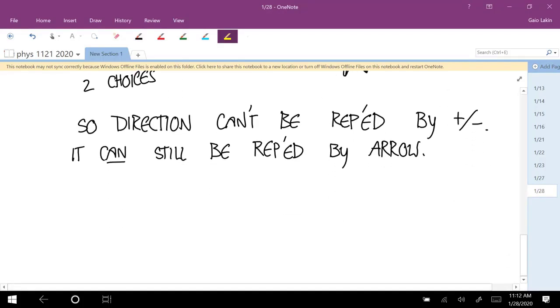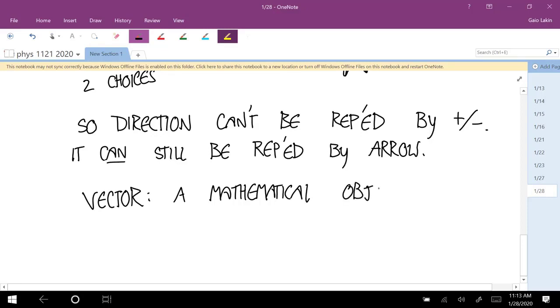Okay, so that brings us up to the definition of a vector. A vector is a mathematical object with 2 properties. A table is not a mathematical object, but a triangle or something is.